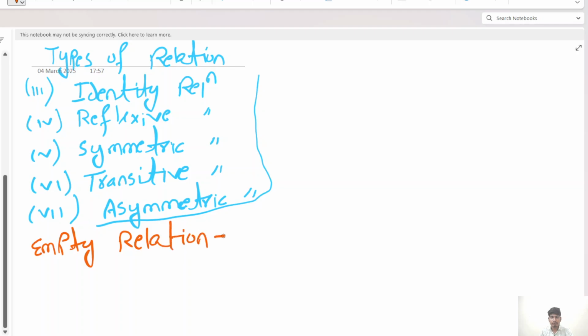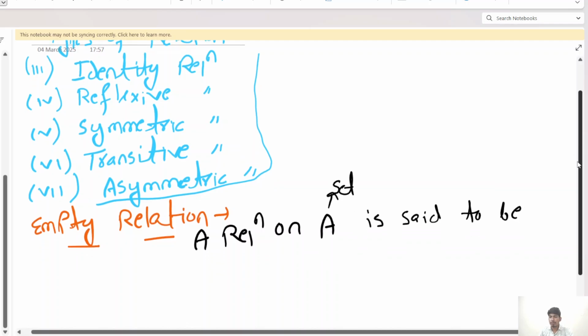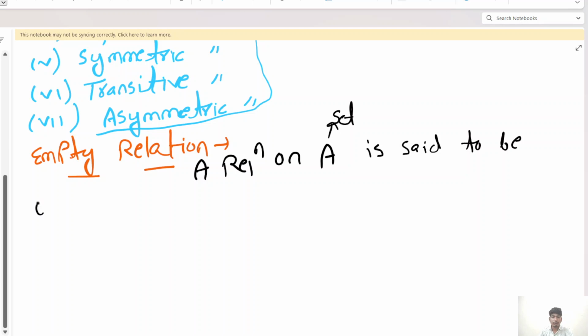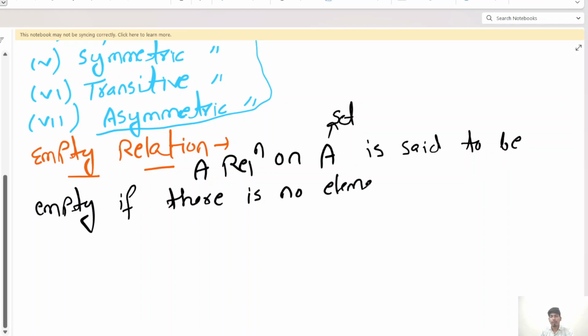A relation on a set A is said to be empty if there is no element in R.